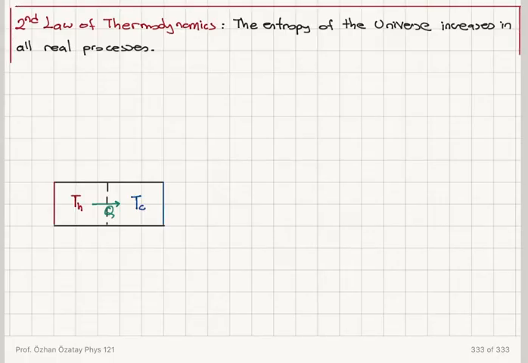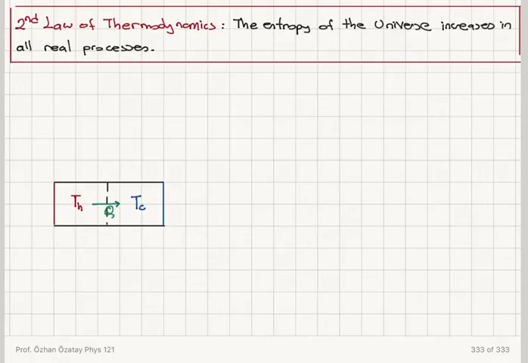If you calculate the entropy change of everything for a process, delta S for the universe, the system and its environment, that's what it means, it should be greater than or equal to 0 at least. So it must be evolving in a direction that increases the entropy.